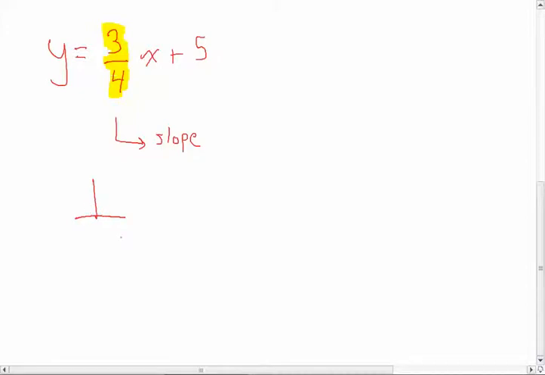So you can say a perpendicular slope is equal to negative 4 over 3. The shorthand for parallel is two slanted lines. So a parallel slope is equal to 3 over 4.